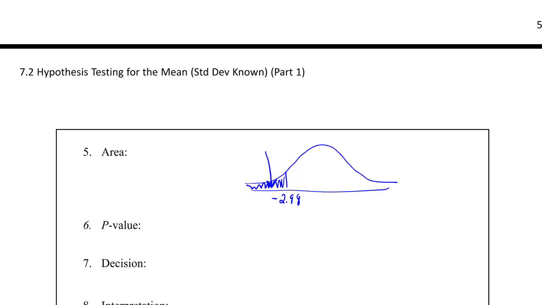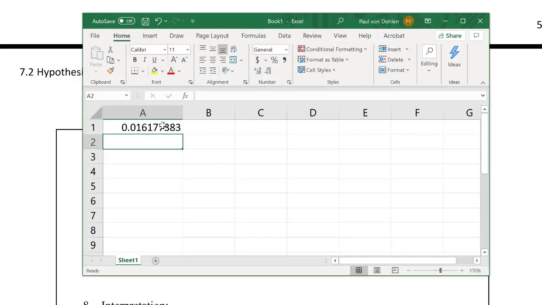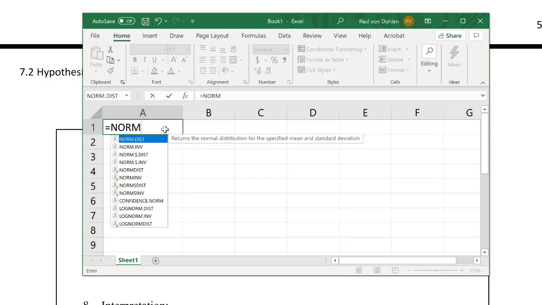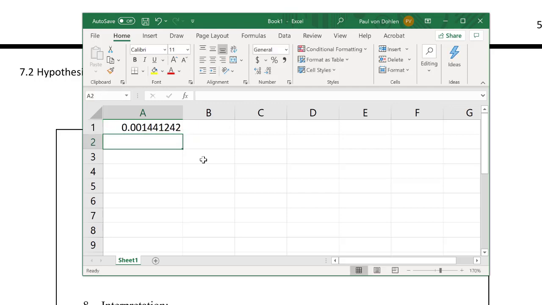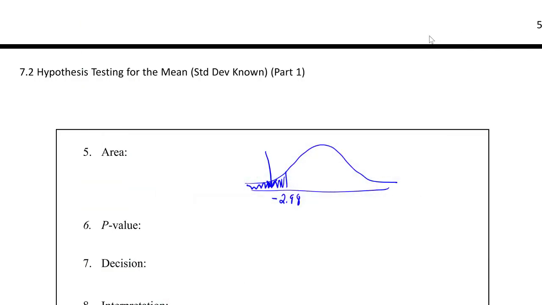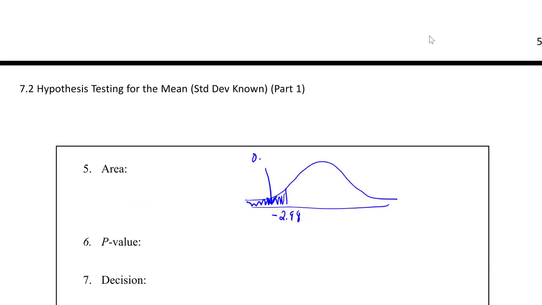So I'll bring up my Excel. So equals NORM.S.DIST negative 2.98, true, giving me 0.0014.